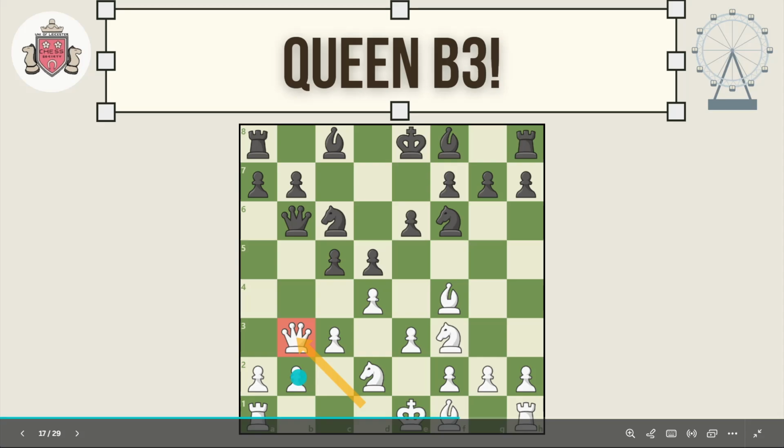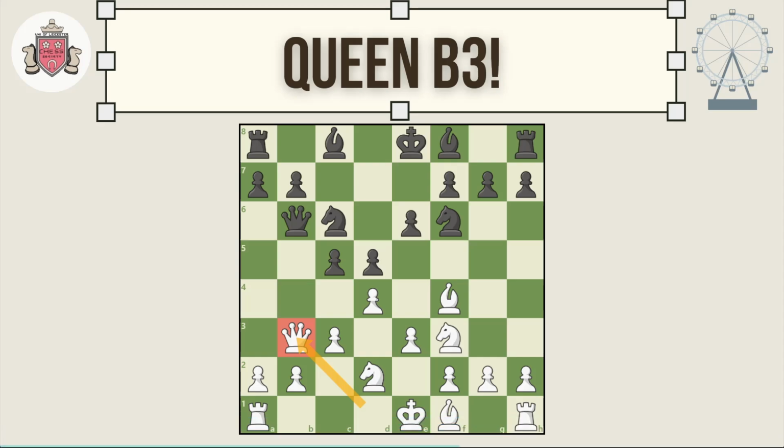It also defends this b2 pawn, and pretty much that's all it is. Queen c2 also works, queen b3 works, pawn b3 also works. They're all good candidate moves, and I'm glad that you're all finding them, so that's a good sign that you're all improving pretty much.